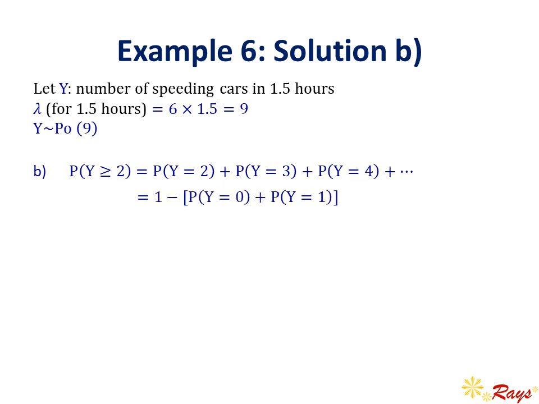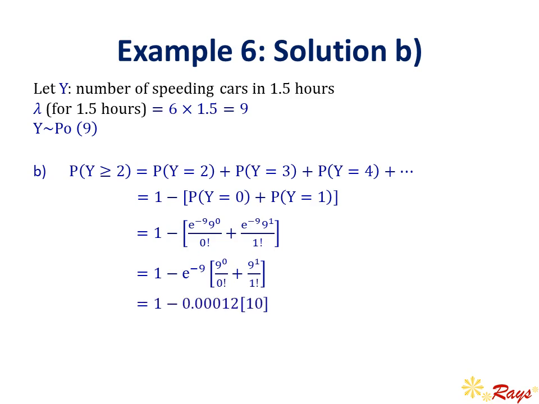But instead of doing so, it will be easier to find 1 minus whatever probability is not listed above here, which in this case is probability of y equals 0 and probability of y equals 1. This is our formula after we substitute the values in. To make our calculation easier, we can factor out e to the power of negative 9. And this is our final answer.